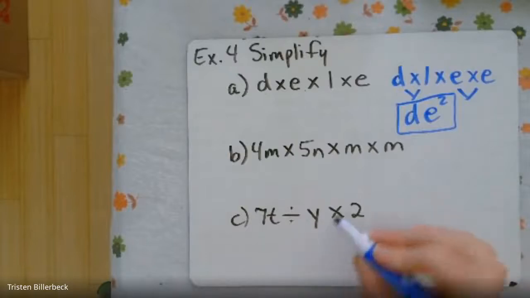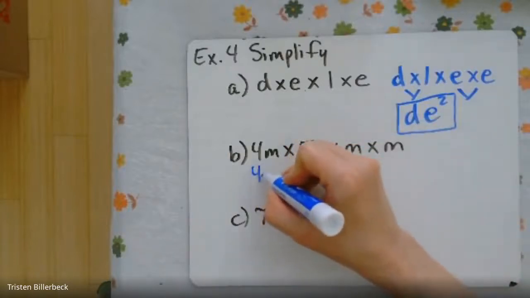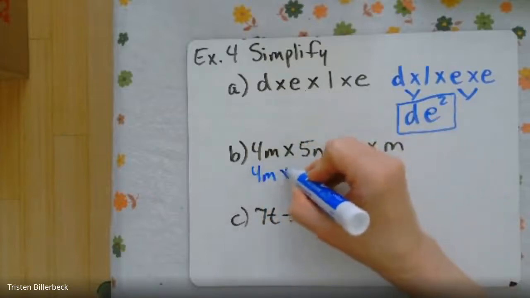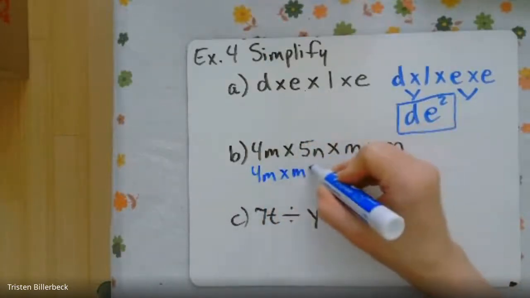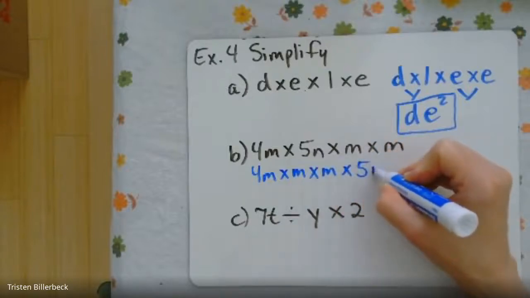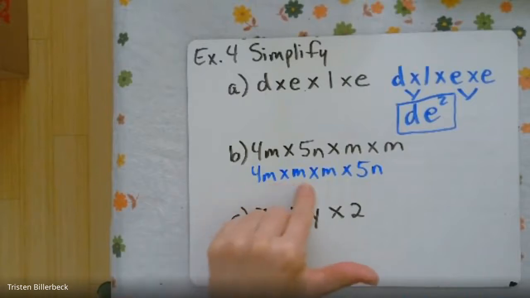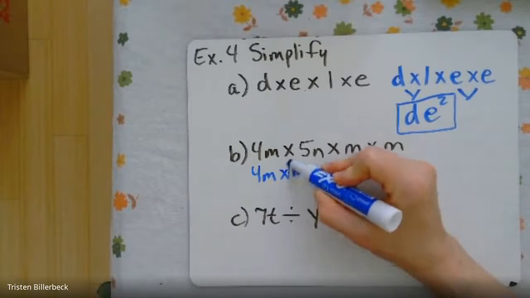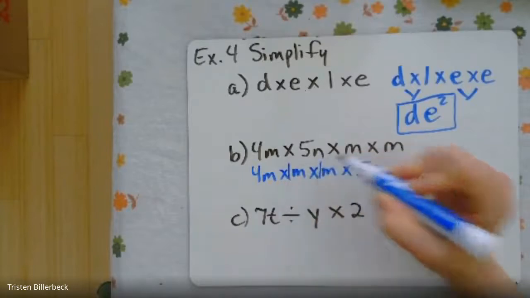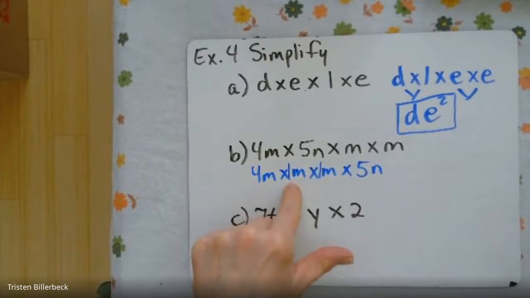So let's write this one. So the 5n's alone, so let's write 4m times m times m times 5n. Okay, so we have 1, 2, 3 m's, and there's a 1 in front of this, and a 1 in front of this. So 4 times 1 is 4.